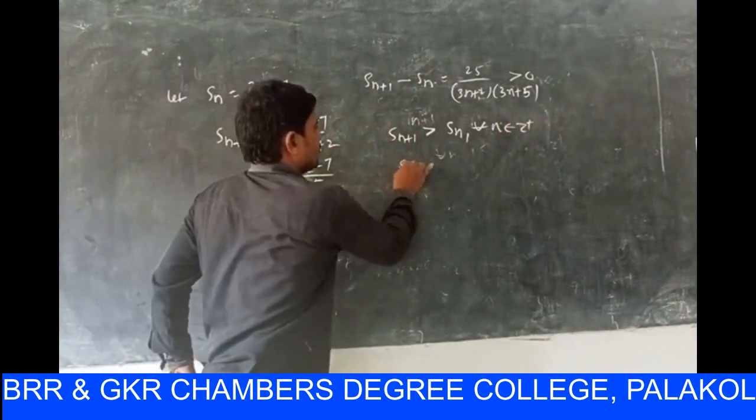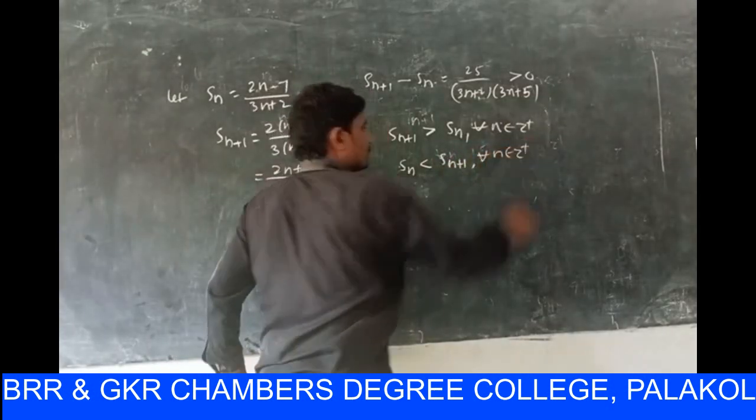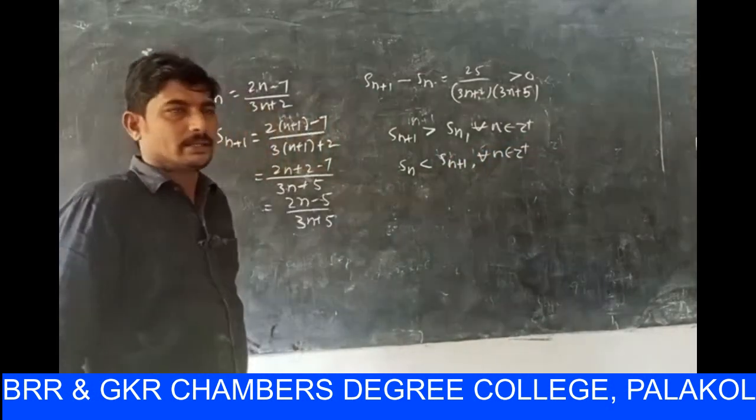That is, Sn is less than Sn plus 1 for all n belongs to Z plus, means that it is an increasing sequence.